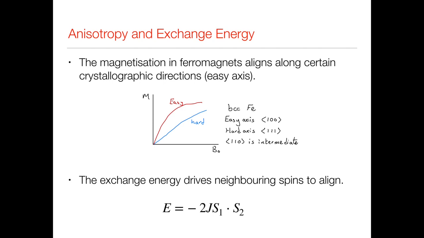The other term that drives spins is the exchange energy. We met it earlier. The exchange energy wants spins to be aligned next to each other. So the question we have to resolve is what happens between domains. In a domain all our spins are nicely aligned, low energy, that's fine, but somehow the spins have to get from being aligned one way to aligned another way.